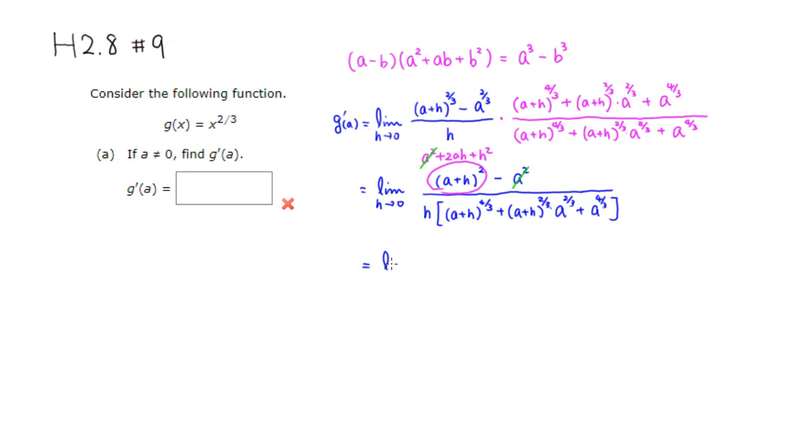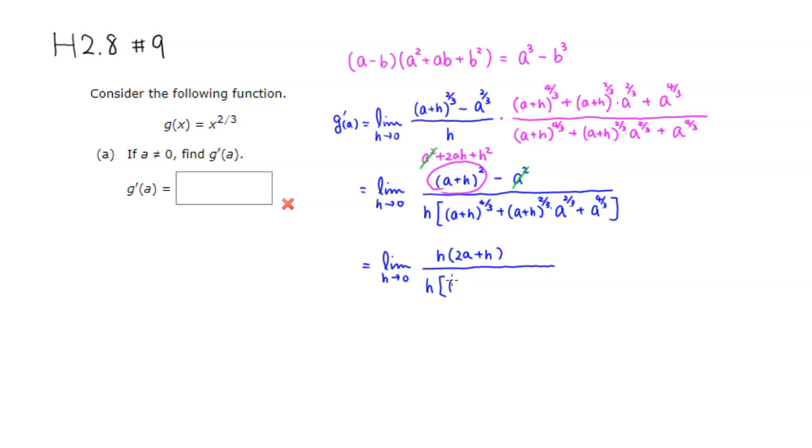You have a limit as h approaches 0. The numerator is those two terms, both of which have h in them, so I'm going to pull out the h. 2ah becomes just 2a, and h squared becomes just h there. The denominator unfortunately stays exactly the same.